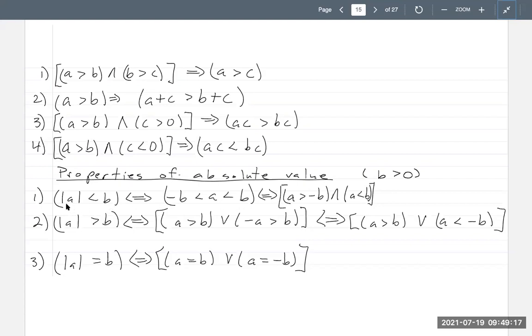So A in absolute value less than B is the same as A is between negative B and positive B.